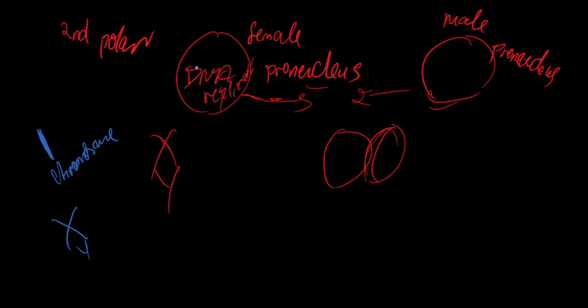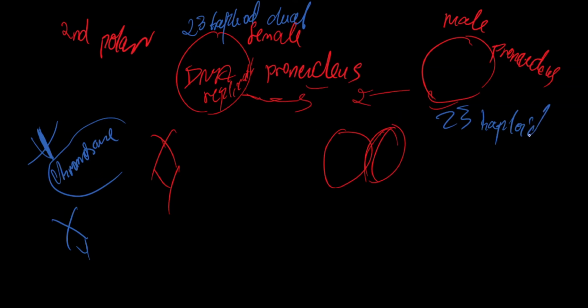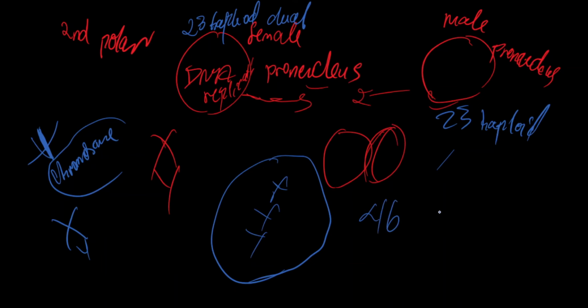So we have DNA replication taking place, and the chromosome is now duplicated, so to say, and is represented as two chromatids. So we have 23 haploid dual chromosomes from the maternal side, and also 23 haploid dual chromosomes from the paternal side, and these two fuse together, forming this conceptus or this zygote that has 46 diploid dual chromosomes.